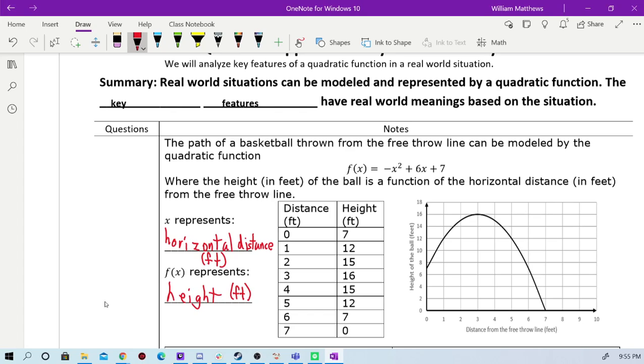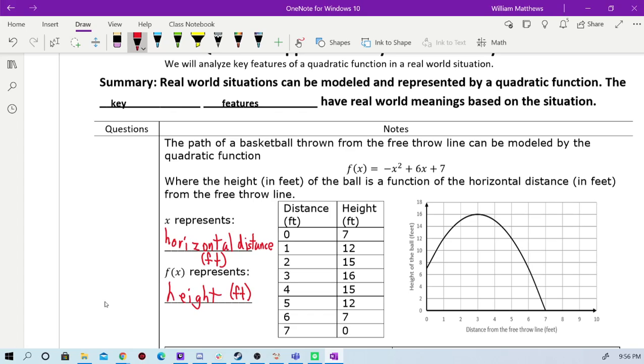Now in this real-world situation, starting from the free throw line is when the player has the ball. In this case, it is held 7 feet in the air. This is where the player has the ball as soon as he releases his shot. Then as the ball travels farther away from the free throw line, we put the ball's height in motion.